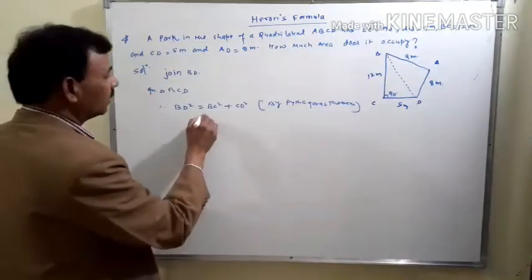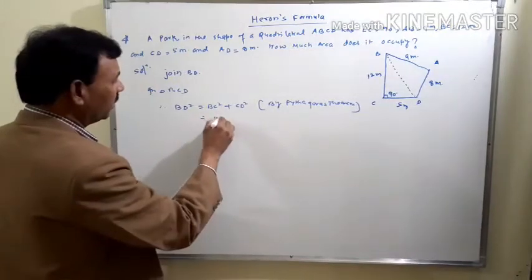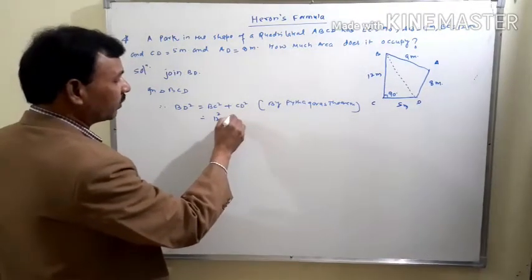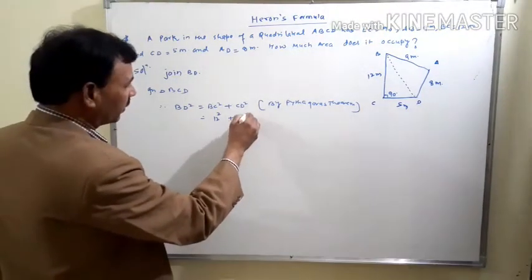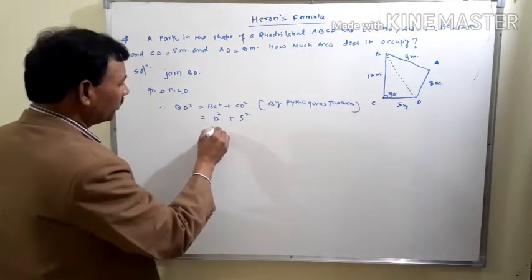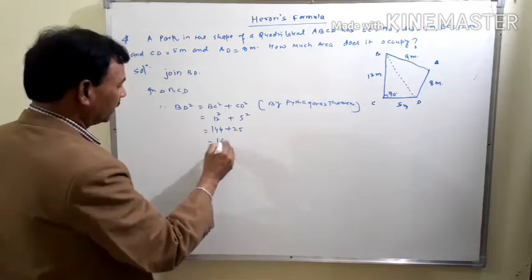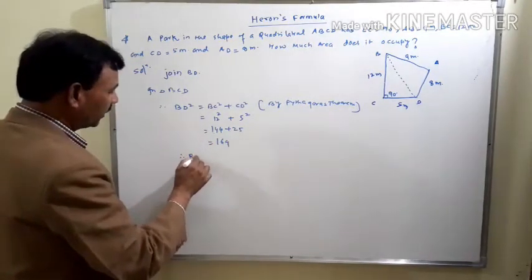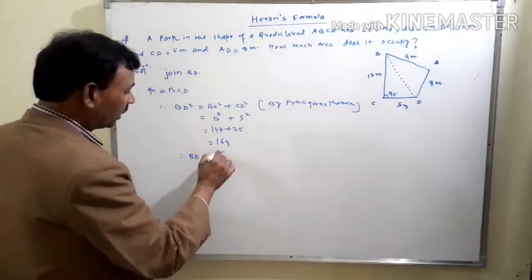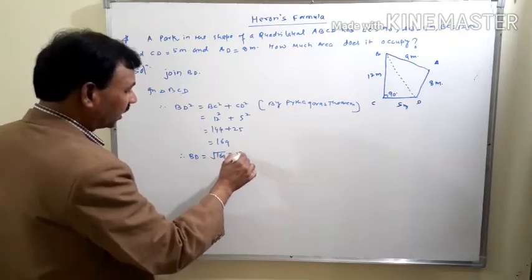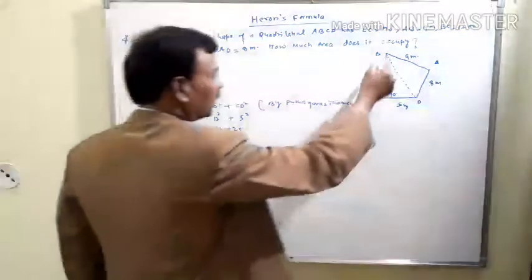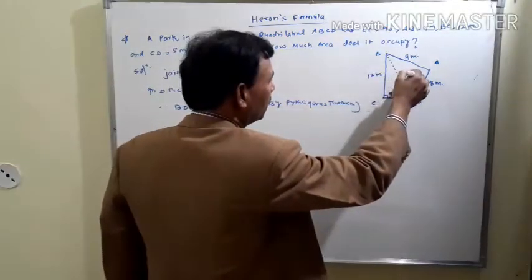Here BC equal to 12, square, plus CD, that is 5, square. This will be 144 plus 25 equal to 169. Therefore, BD will be root under 169, meaning 13 meters. Here length of BD equal to 13 meters.